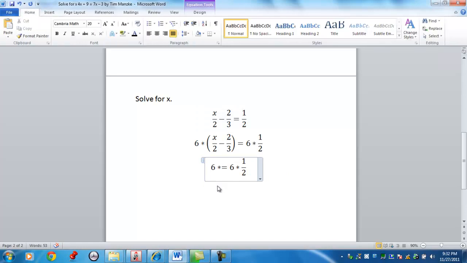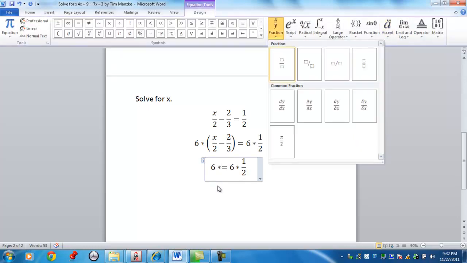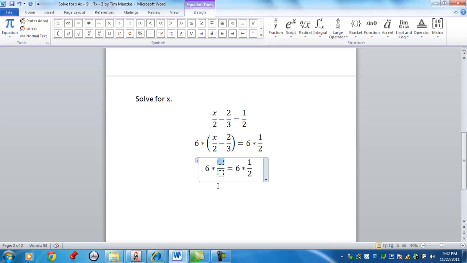So we're going to have 6 times x over 2 minus 6 times 2/3.